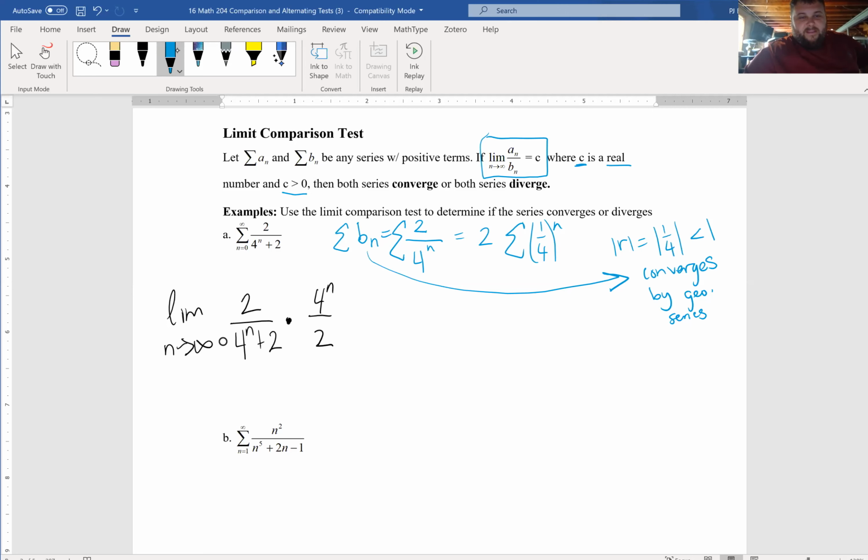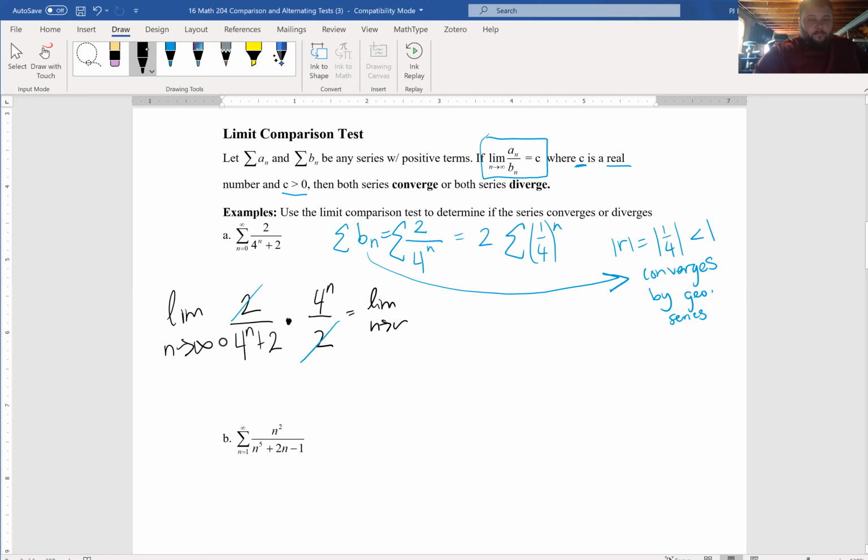Then I want to simplify this best I can and evaluate the limit. So these 2's here cancel.